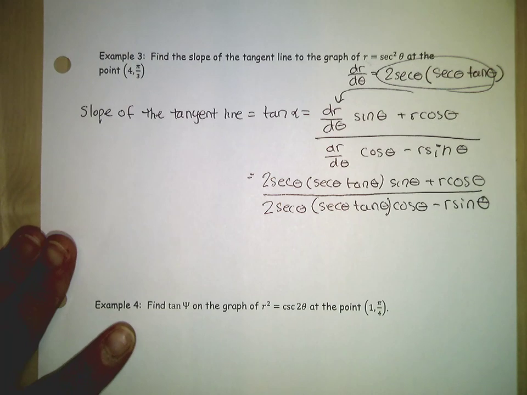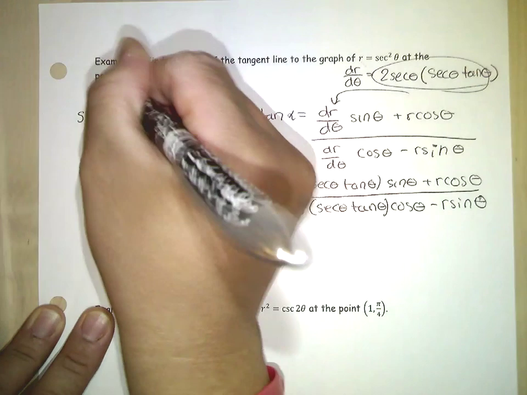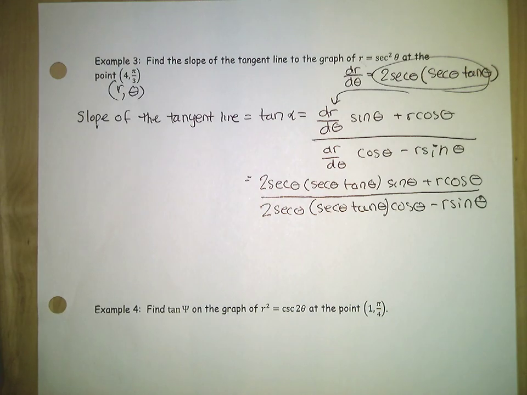Now, you could go ahead and simplify this if you felt like it would help you simplify the process here once you went ahead and substituted the r and the theta, but you don't necessarily have to simplify this, all right?